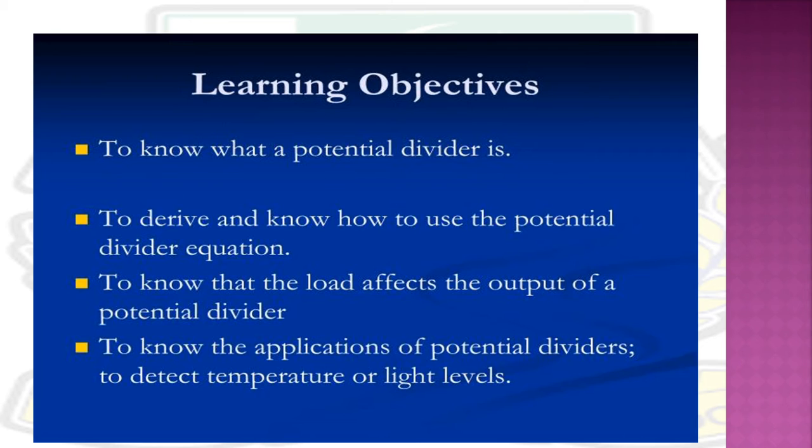For example, to know what a potential divider is, to derive and know how to use the potential divider equation, to know that the load affects the output of a potential divider, and lastly, to know the applications of potential dividers to detect temperature or light levels.